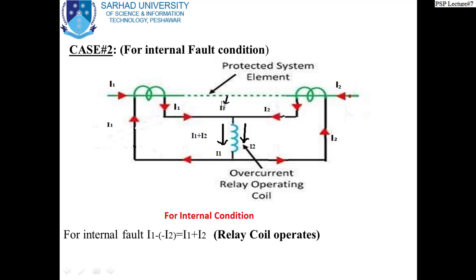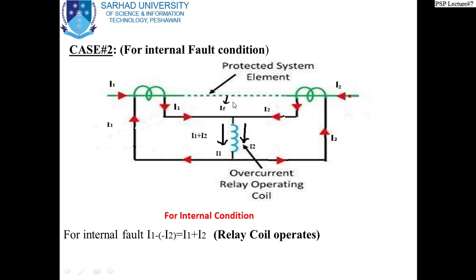Now it's flowing, and this is your fault point. So naturally, when we have a fault point, there will be no current flowing in this direction. But since we have a feed from the other end, we have another current I2. The direction of the current at the other end will change for the internal fault condition.